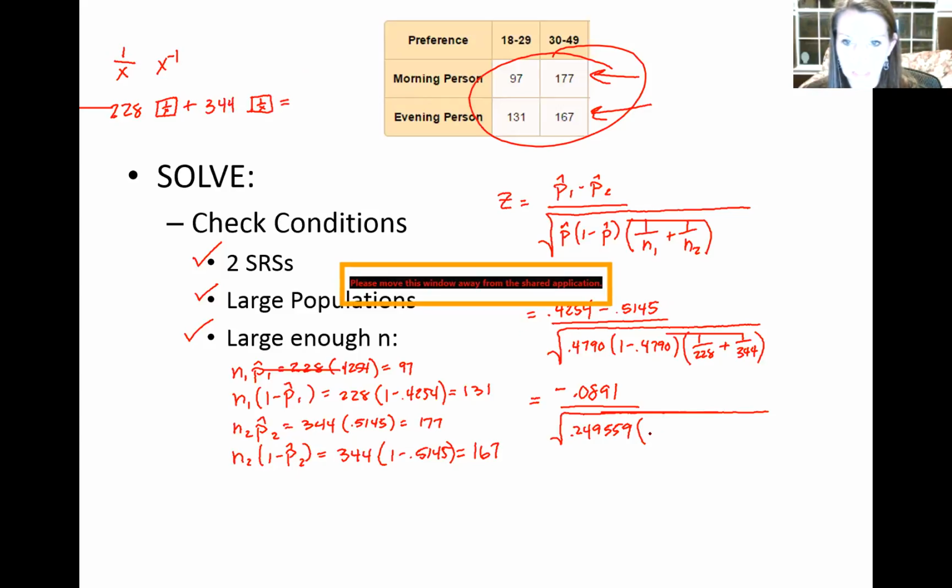And what you should get is 0.00729294164165, depending on how many decimal places you're going out.